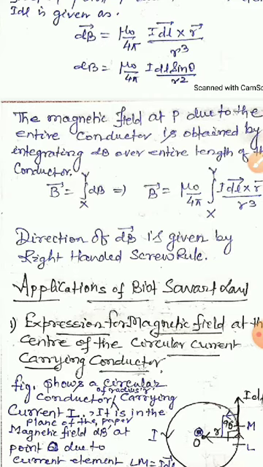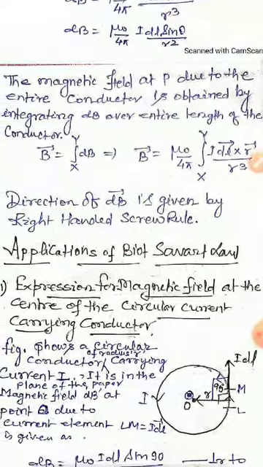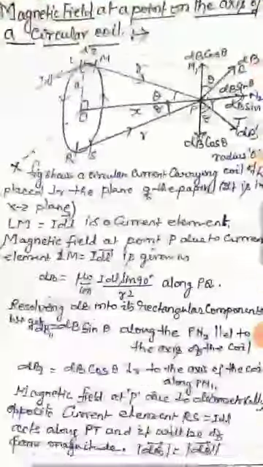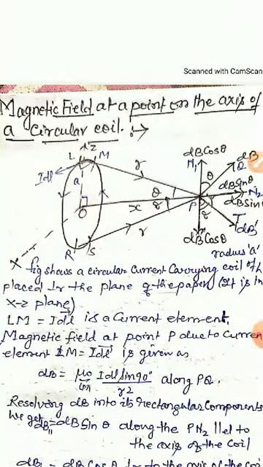Now in the application of Biot-Savart law, we have to find out the magnetic field at the center of a circular current carrying coil. This is one application which is in our syllabus, and another is magnetic field at a point on the axis of a circular current carrying conductor.